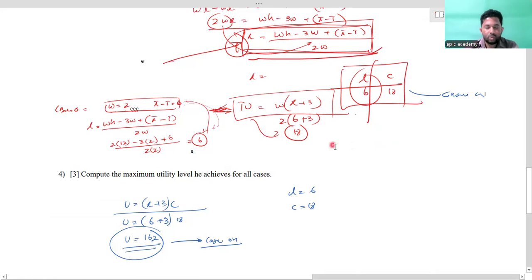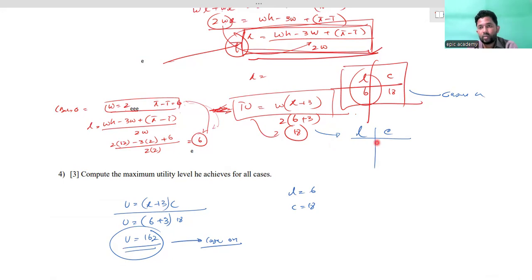Without calculating case number 2, you can't calculate that. Do you agree with me? Yes, we need the second one and also the third one. Without those, we can't calculate the income effect either, isn't it?